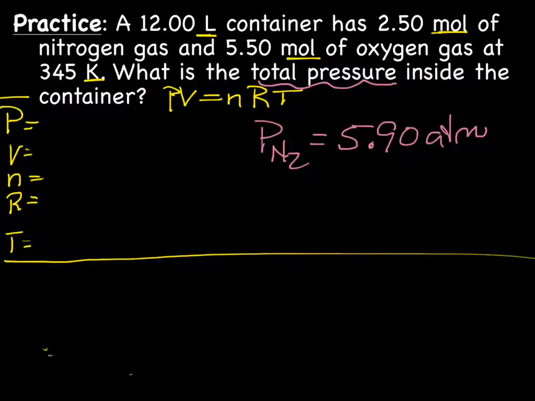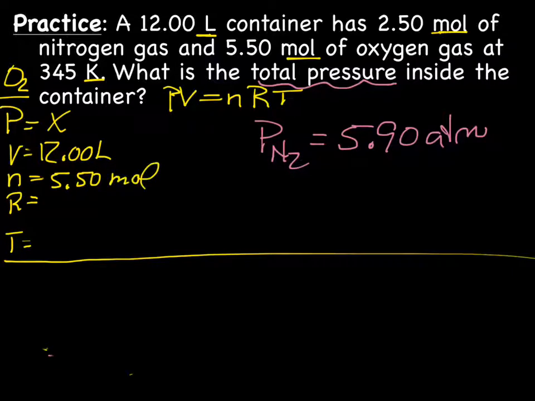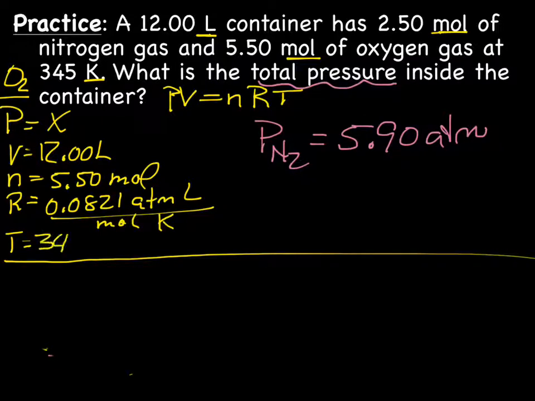Okay, so now we need to use the ideal gas law again and solve for the pressure of the oxygen gas. So our volume is again 12 liters. We're still looking for pressure. This time we have 5.5 mole of oxygen gas. I still need to use the atm unit, and our temperature is still 345.